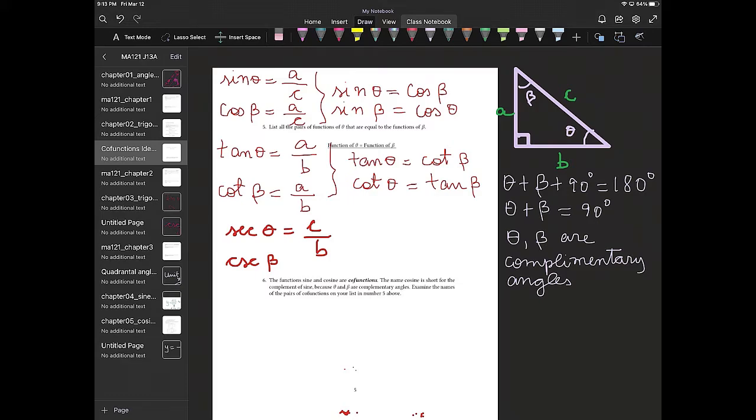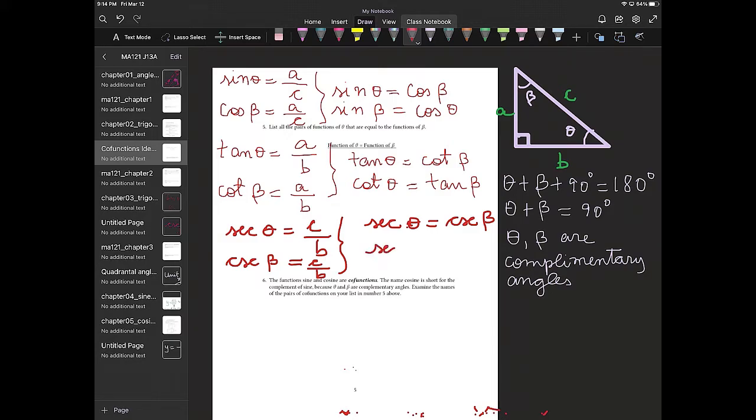For angle beta, cosecant is C over B. Therefore, the third pair of trigonometric functions that are equal for complementary angles is secant and cosecant. Secant of theta equals cosecant of beta. And again, if we switch the angles for these trigonometric functions, we also have the equality.